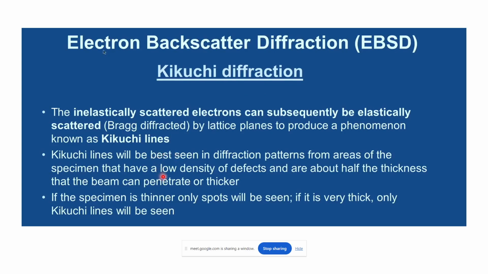So the thickness of the sample will tell if you are able to see the Kikuchi lines or not. If the specimen is thinner, only spots will be seen. If it is very thick, only Kikuchi lines will be seen. So the thickness of the sample plays a major role in finding the Kikuchi lines.